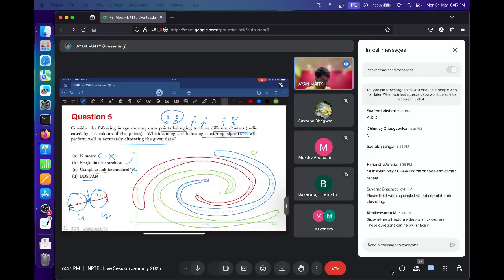So this would be C1, this would be C2, this would be C3. Three different dense regions would form three different clusters, and DBSCAN being a density-based clustering algorithm, it would be able to find out these three clusters easily. So DBSCAN can also find out the clusters accurately. So single link and DBSCAN are the two algorithms that will be able to find out the clusters accurately.